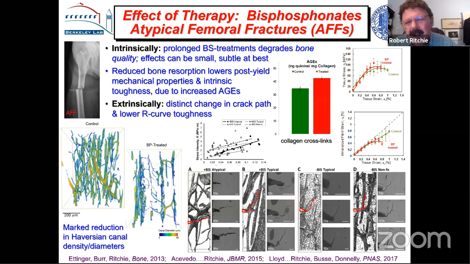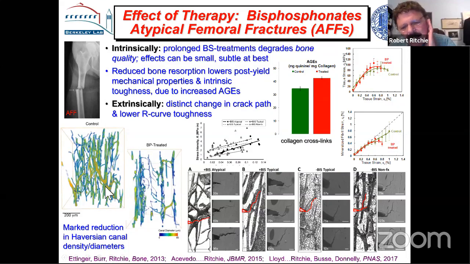And although it doesn't affect a lot of the population, they're sufficiently traumatic that the use of bisphosphonates has dropped considerably, which is a great shame because it's an effective drug against the bone quantity issue. But we've looked at this and we've actually got biopsies.